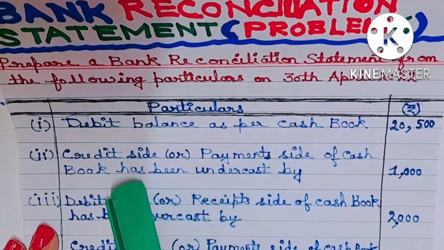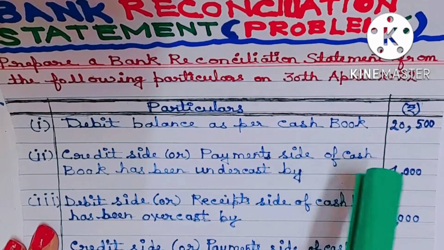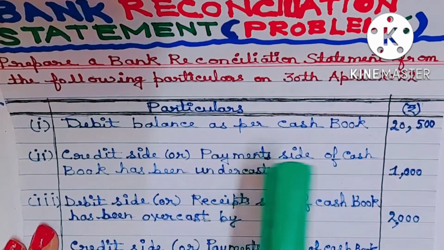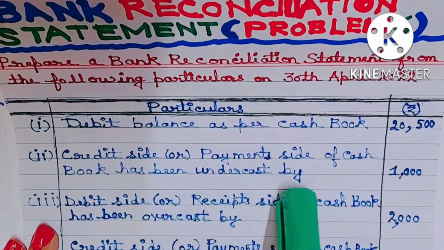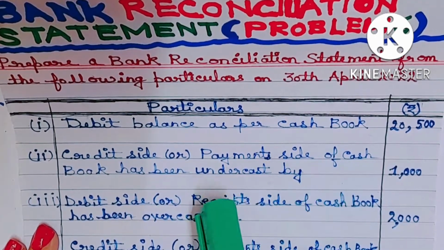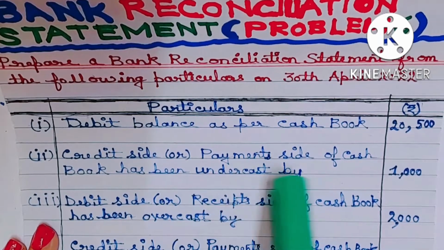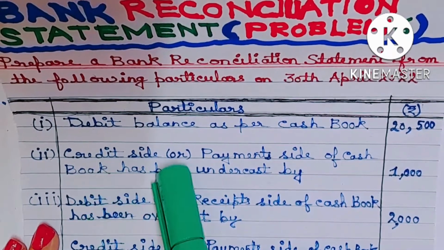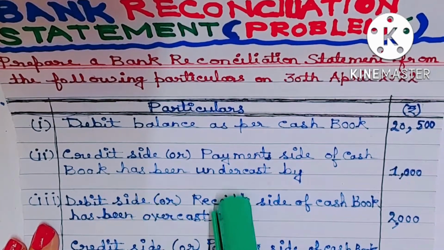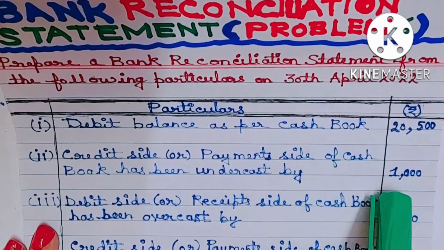Actual total of credit side or payment side was 11,000. But by mistake, the businessman has wrongly totaled the credit side or payment side of cash book as 10,000, because it has been undercast by rupees 1,000.